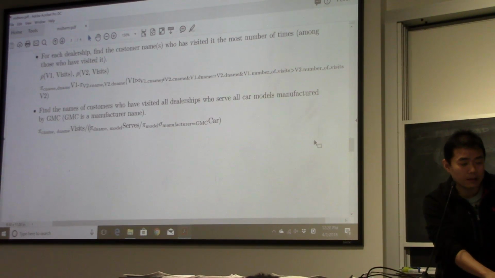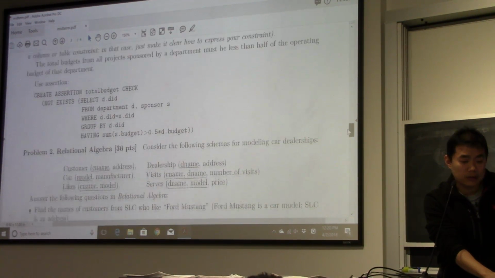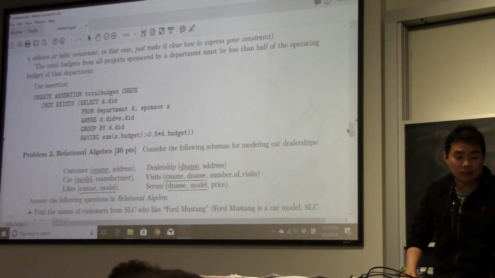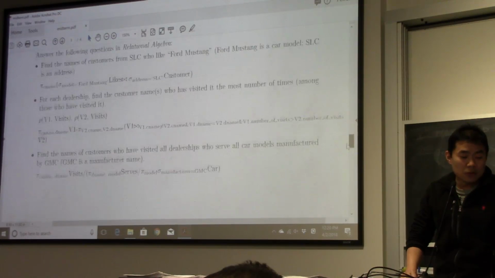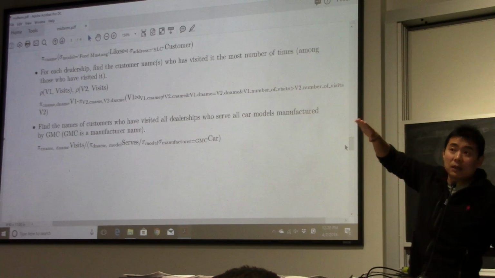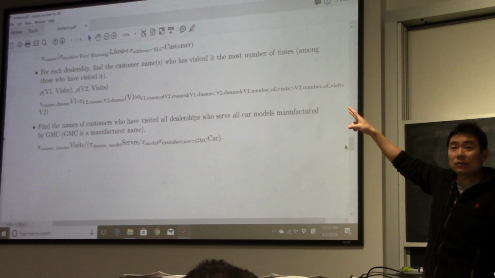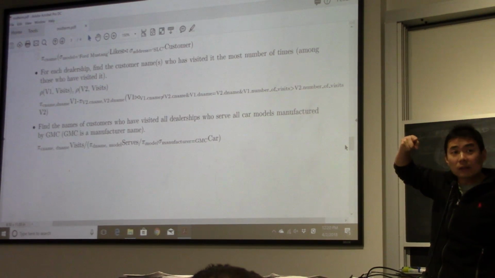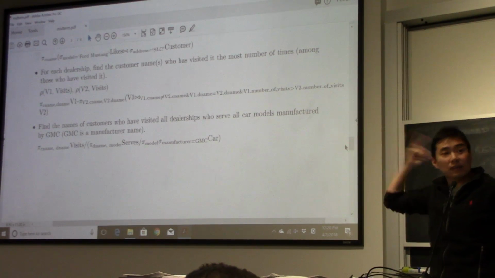Again, you need to project out CNAME and DNAME before doing this division. Why? Because there is a number of visits attribute there as well. If you use visits divided by this list of DNAME, what do you get? You get those customers who have visited all these dealers with the exact same number of visits, not those customers who have visited all these dealers.